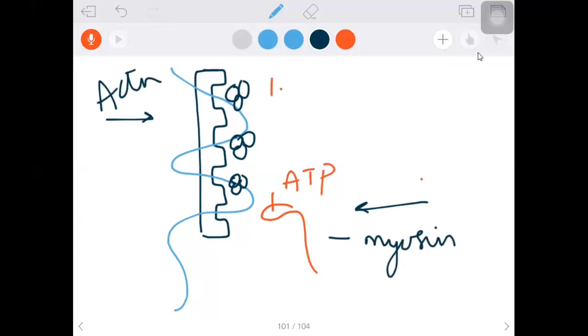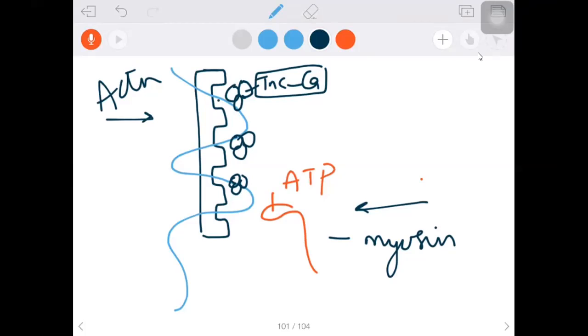So how does the actin get activated? Calcium ions, this is the TNC. The calcium ion will come and bind and form the calcium troponin complex, which lifts the tropomyosin for the exposure of the active sites.